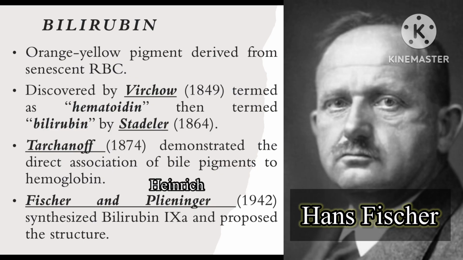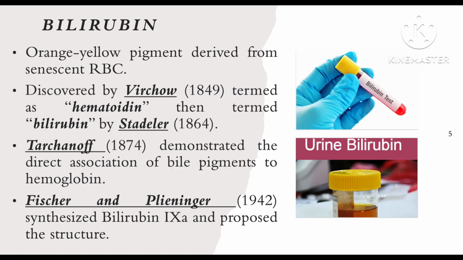Their work clarified how bilirubin is built from the tetrapyrrole ring structure, which has the same core as heme. So, to summarize, Virchow viewed a strange pigment and called it hematoidin. Stadler set its name, which is widely known now as bilirubin. Tarchanov tied bilirubin to hemoglobin, while Fischer and Pleininger synthesized it and proposed its structure.